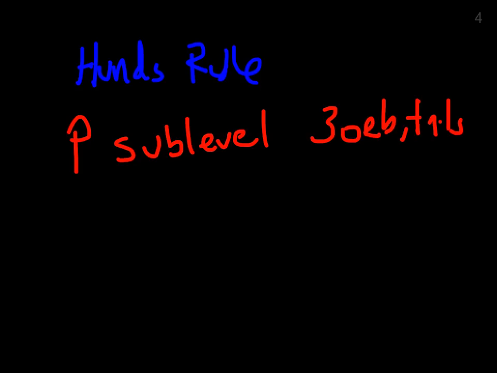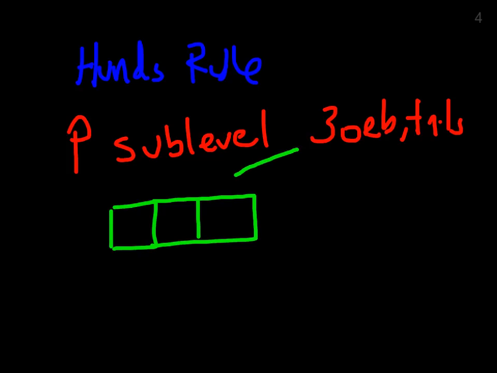I'm going to draw those orbitals in a different representation, as a box. These are called orbital diagrams. So those 3 orbitals are now designated with those 3 boxes.